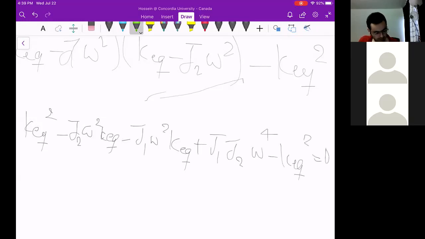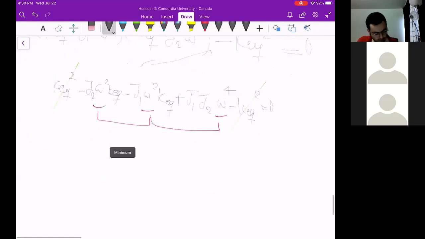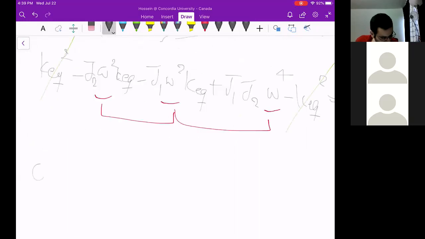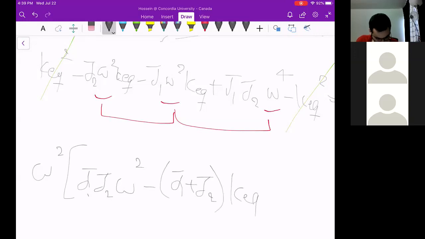You could easily cancel out this term by this term, and for the sake of simplicity you would notice that omega squared is common between these three terms, and you could simply factor out omega squared multiplied by J1 J2 omega squared minus J1 plus J2 K effective is going to be 0.